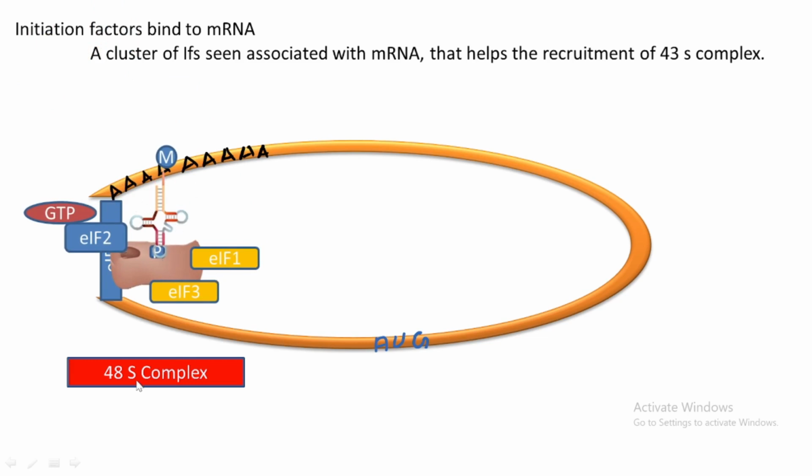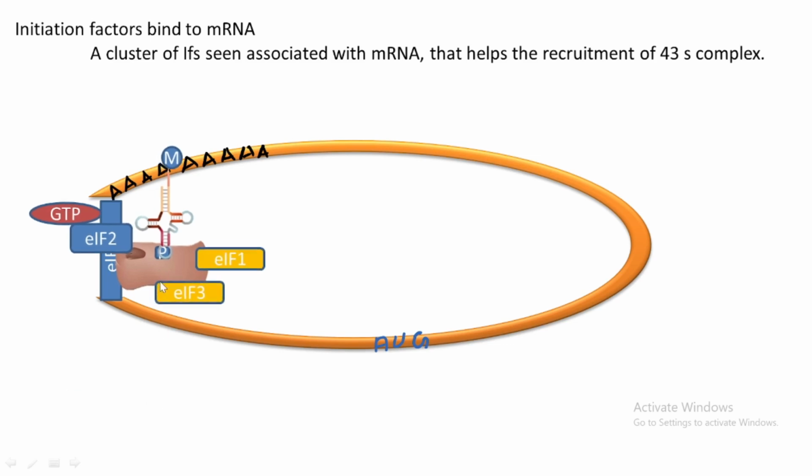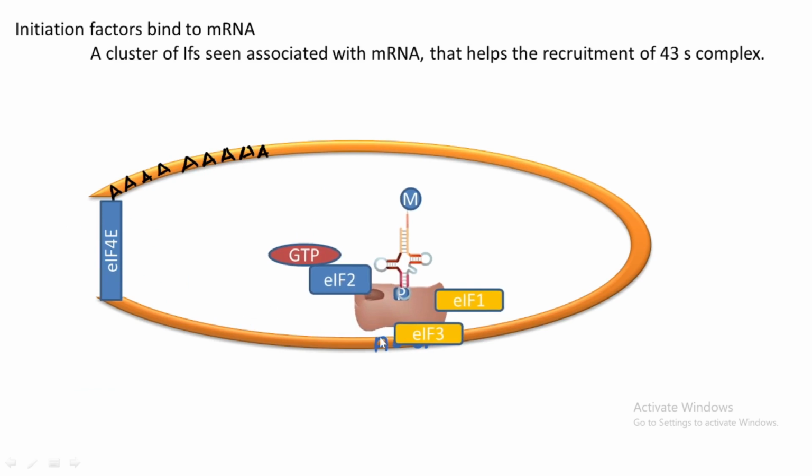Then its name changes to the 48S complex. Then it moves along the mRNA and reaches the AUG initiation codon. The GTP bound with initiation factor 2 is hydrolyzed to GDP. After that, energy is generated, a conformational change and everything happens.